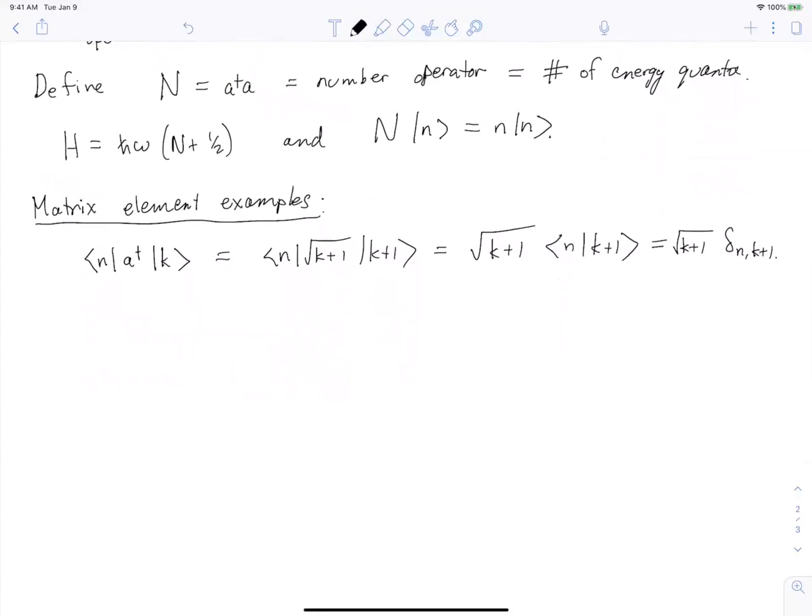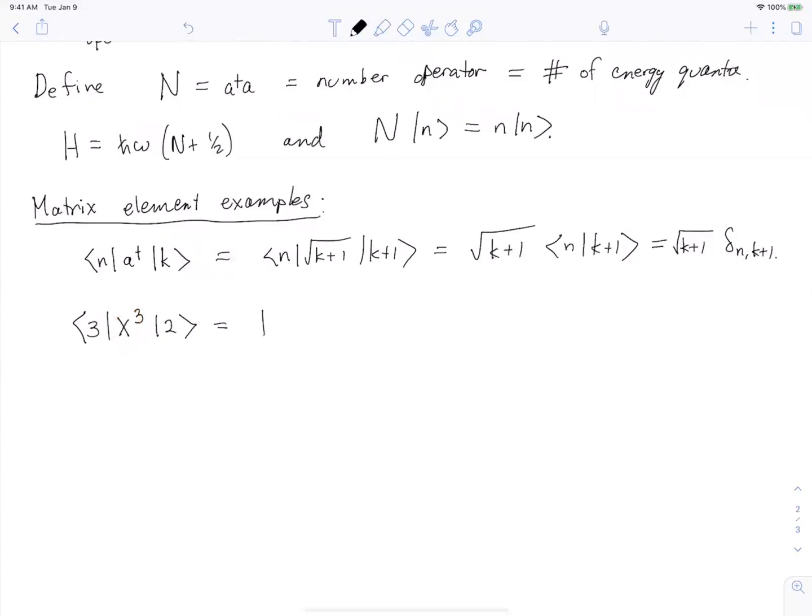For a slightly more complicated example, suppose we were to want the matrix element of the operator x cubed in between the third state above the ground state and the second state above the ground state, for some reason. Now what we can do is plug in for x what it is in terms of a and a dagger. That's the general strategy.